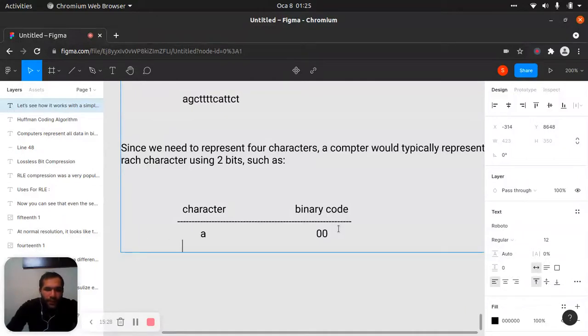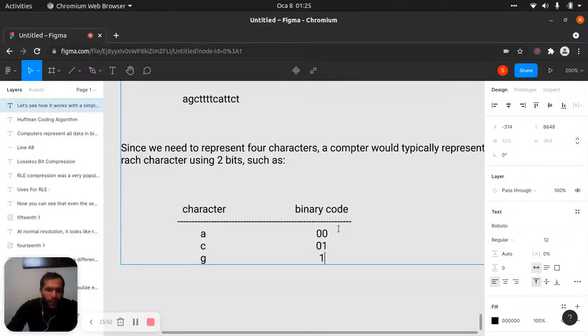We have cytosine, we are going to represent it with 0, 1. So I mean 1, the 1 bit. Okay. And we are coming here. The other one is guanine, and guanine will be like 1, 0, like 2, right?